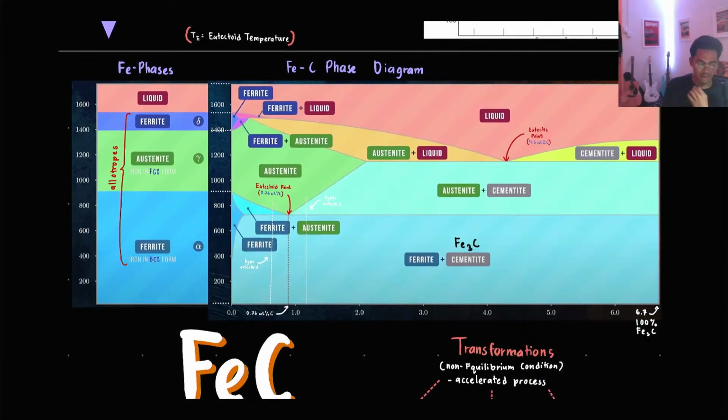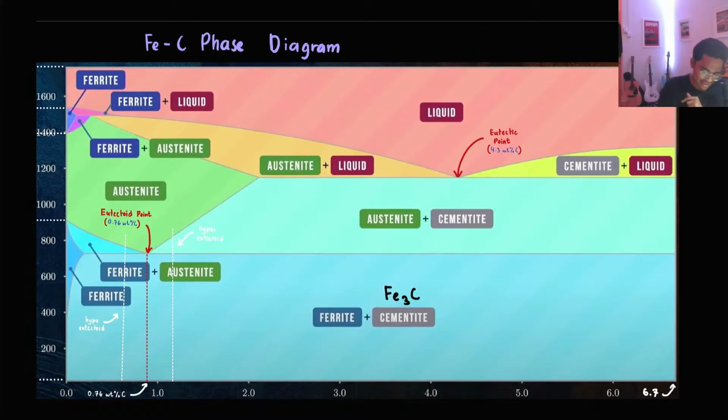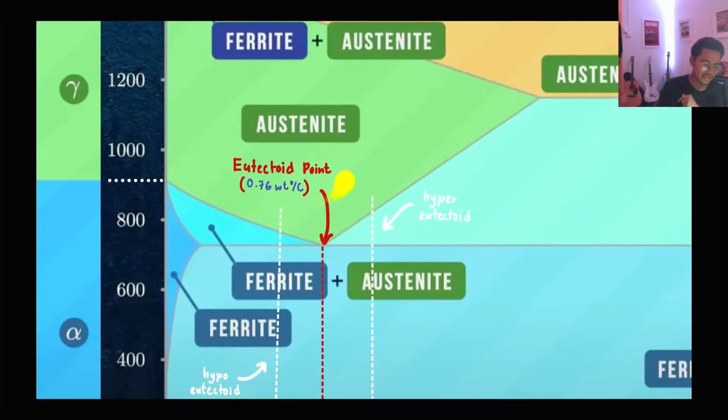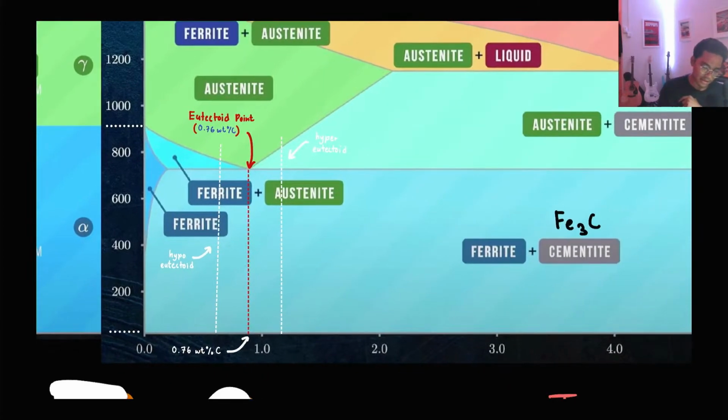This is the most colorful phase diagram I can find, because all the phase diagrams on the internet are so boring, like black and white. So this is so colorful. This is the eutectoid point. This is the border between austenite and also ferrite plus cementite.